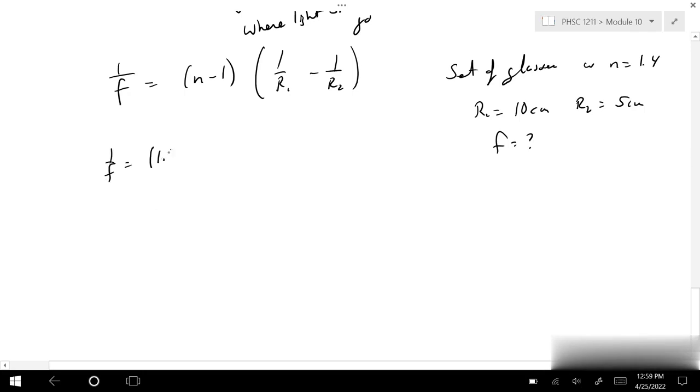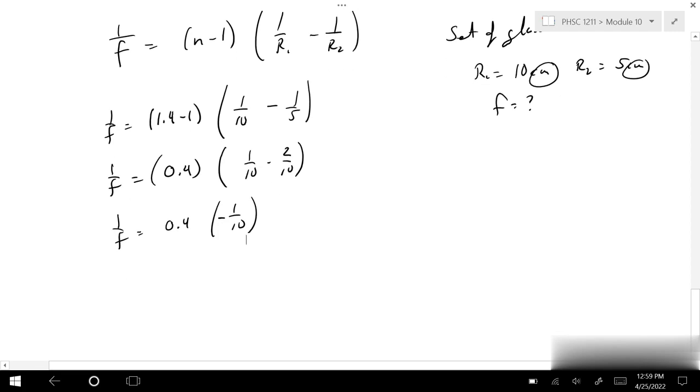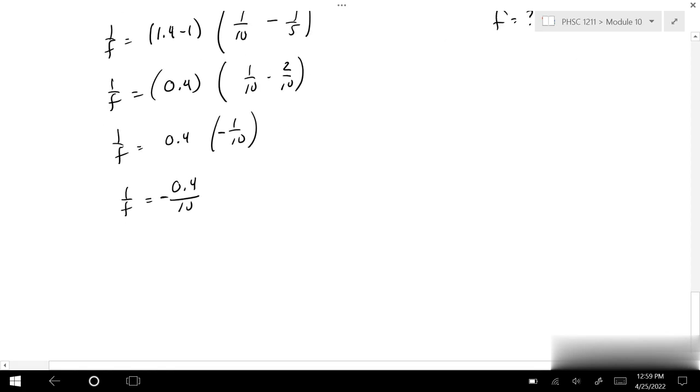So I have 1 over f is equal to 1.4 minus 1 times 1 over 10 minus 1 over 5. Now note we have things in centimeters, so keep that in mind. Our distances are in centimeters. So I get 1 over f is equal to 0.4 times 1 over 10 minus 2 over 10. 1 over f is equal to 0.4 times negative 1/10.